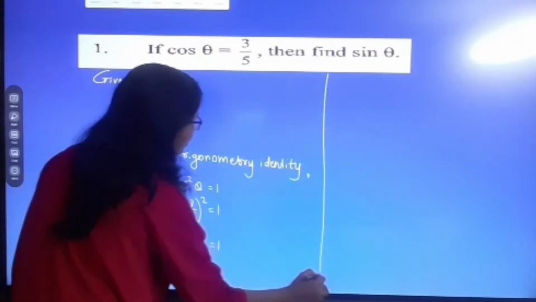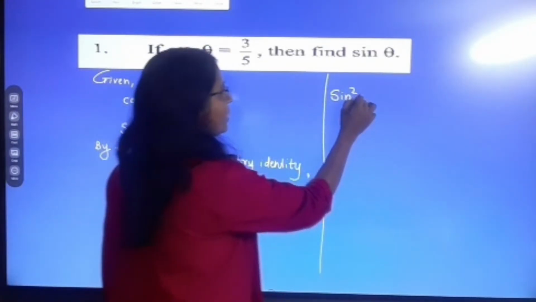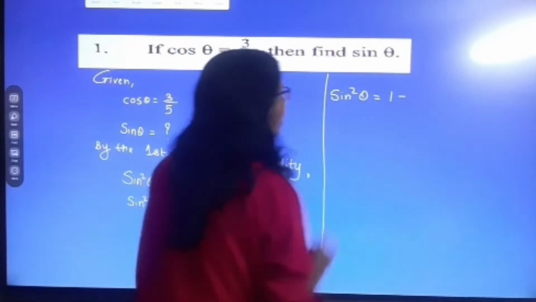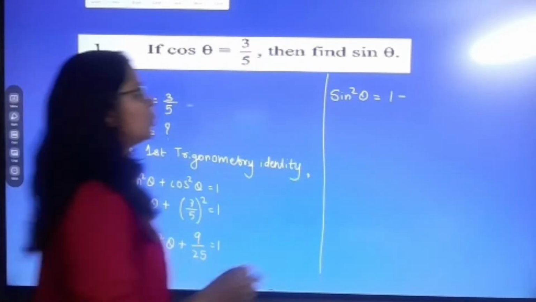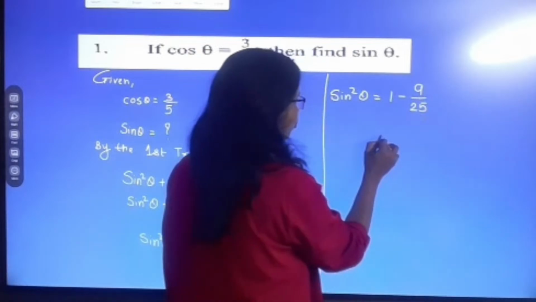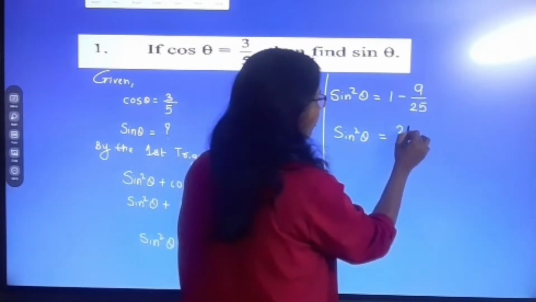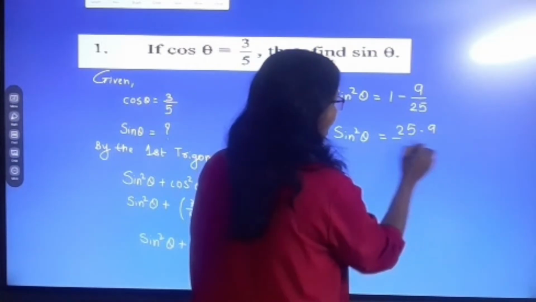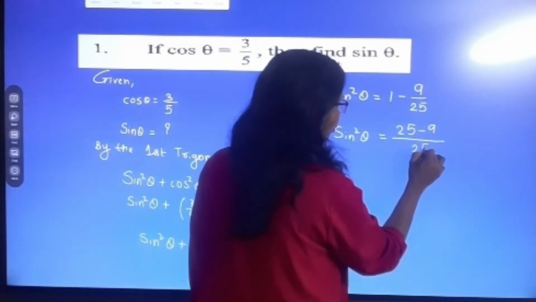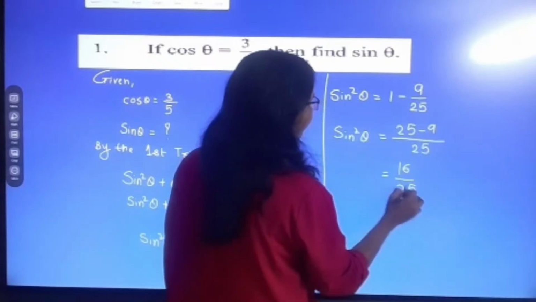So sin square theta is equal to 1 minus 9 upon 25. So sin square theta is equal to 25 minus 9 upon 25, that is 16 upon 25.